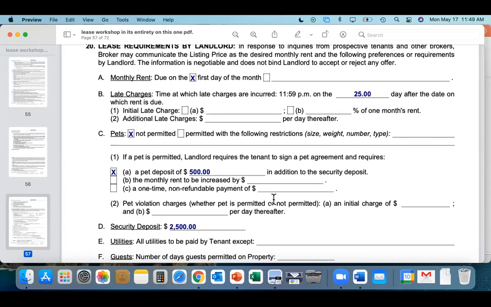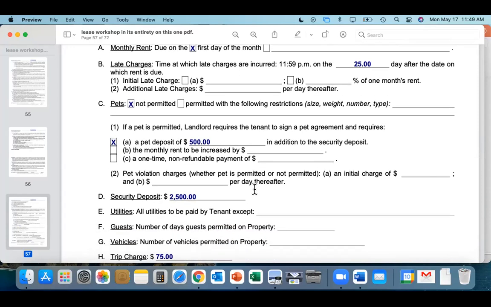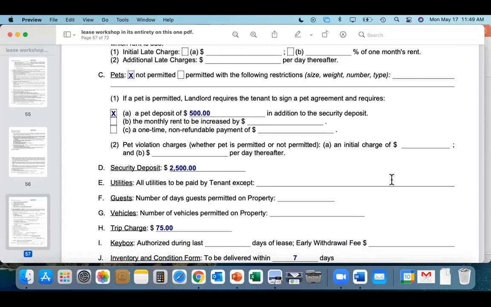Whether he wants pets or not, or he wants to allow pets on a case-by-case basis, which is typically what you guys will see. If he wants a pet deposit, what his violations would be if somebody violates his pet requirement.